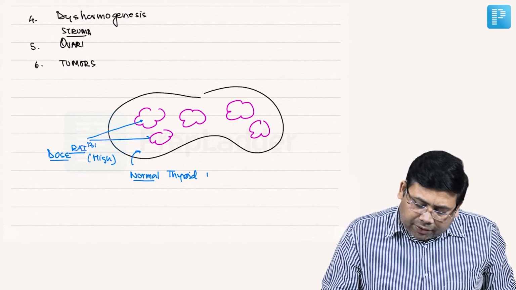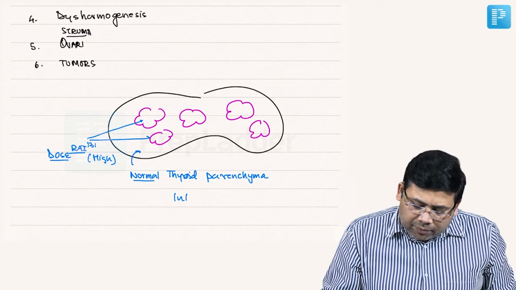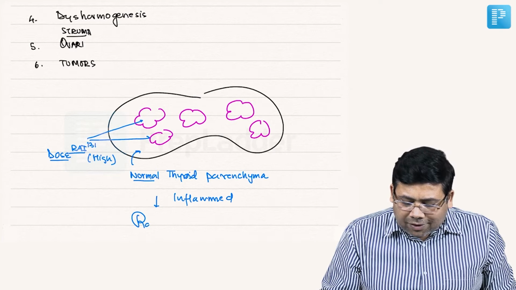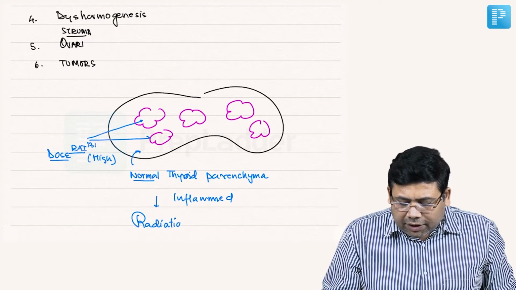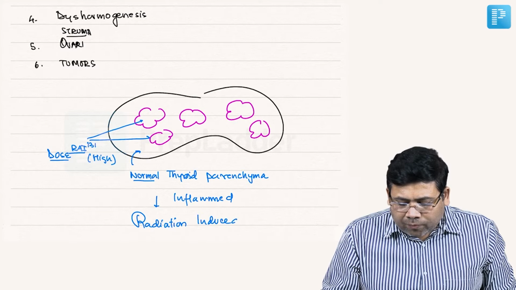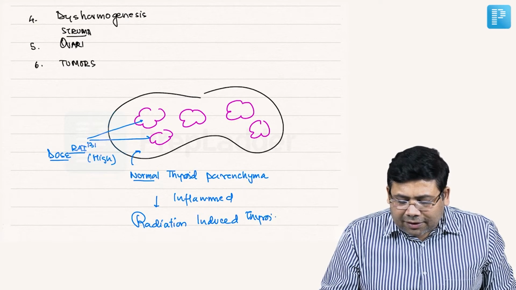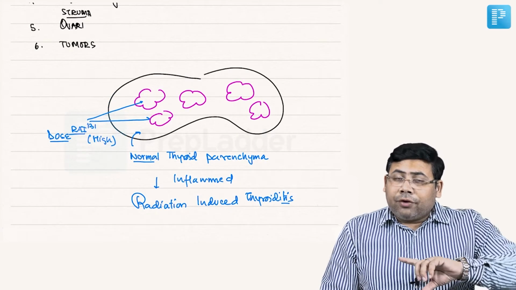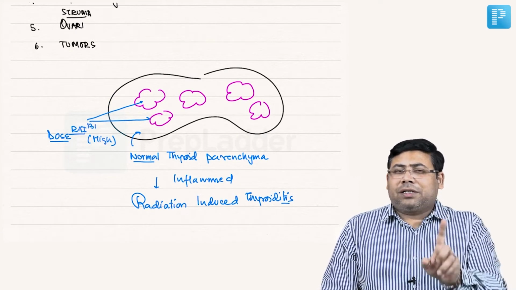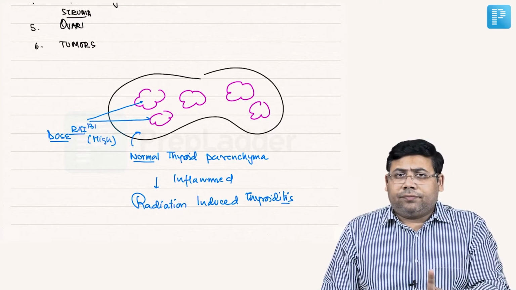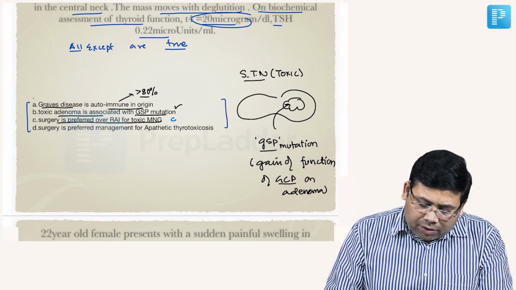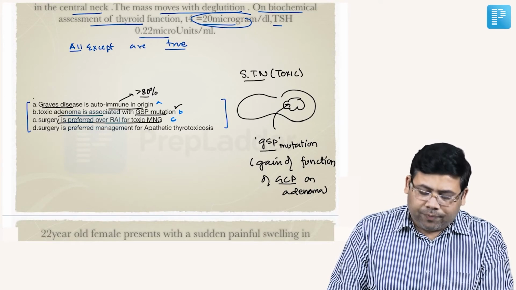So the normal thyroid parenchyma is destroyed, or you can say inflamed, and there is a collateral damage induced which is known as radiation induced thyroiditis. Thus, since there is an increased risk of radiation induced thyroiditis, we refrain from radioactive iodine as a first line option in case of toxic MNG. So point C, point B and point A, they are all correct.